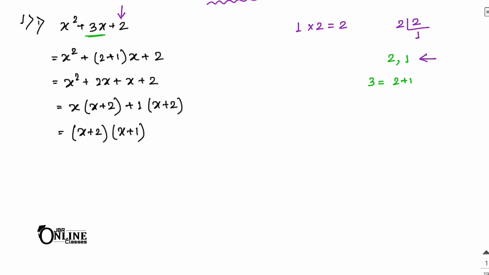So here the next one, number 2: z² + 10z + 24. The coefficient of z² is 1, so 1 into 24 becomes 24. Now you have to factorize 24, so it becomes 12, then 6, then 3. So now you have 2, 2, 2 and 3.